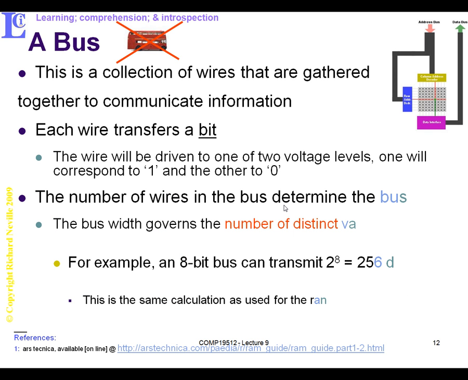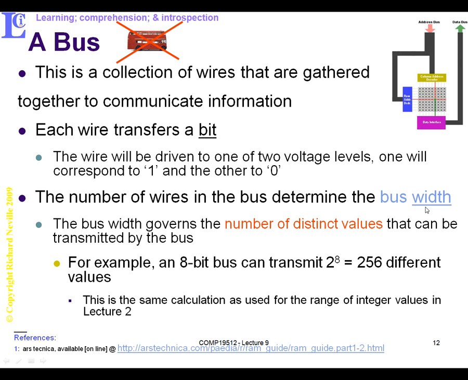So let's look at this then. Therefore, with a particular size of bus, a bus width which we can define, we can have a number of distinct values. I did give you an example of this before.